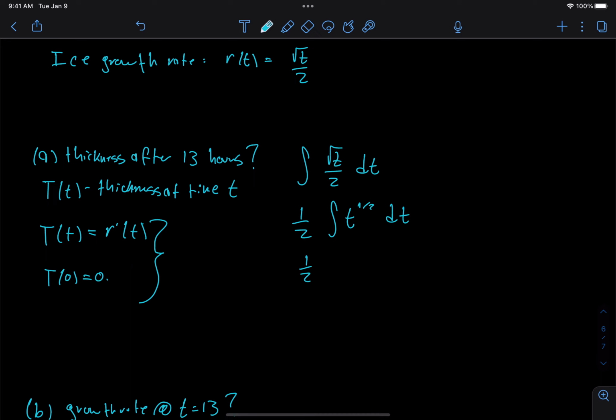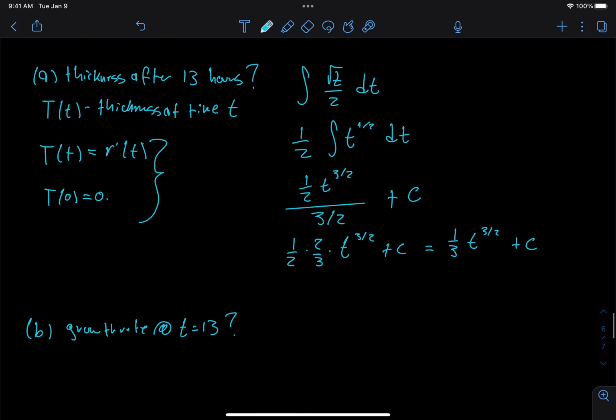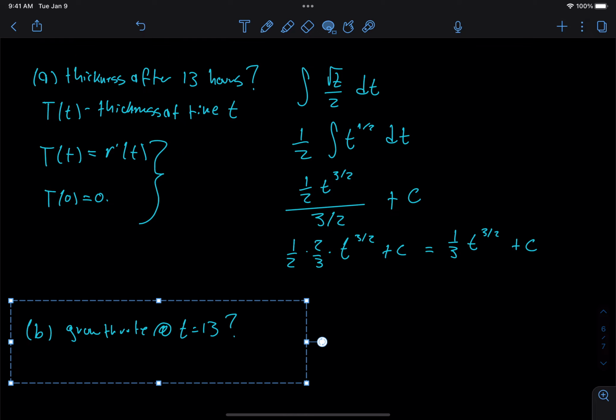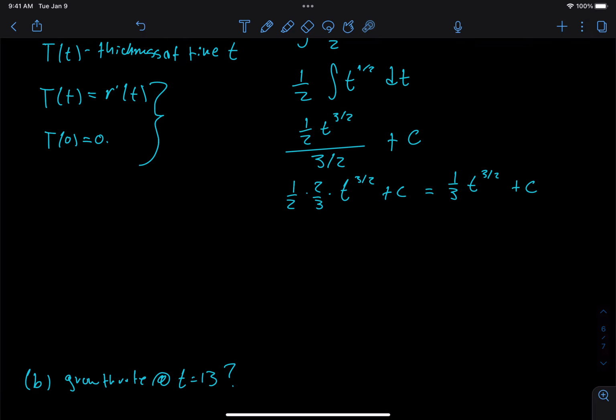That gives us 1/2 times t to the 3/2, and we need to divide this by 3/2, plus C. So this becomes 1/2 times 2/3 times t to the 3/2 plus C, which is just 1/3 t to the 3/2 plus C.